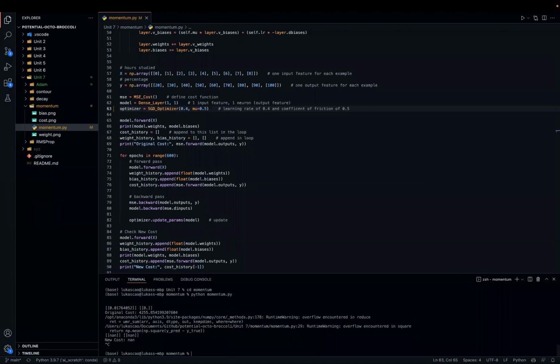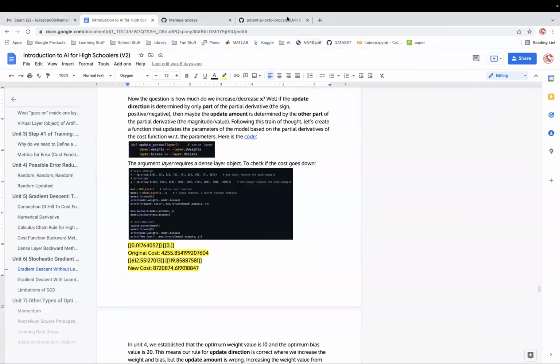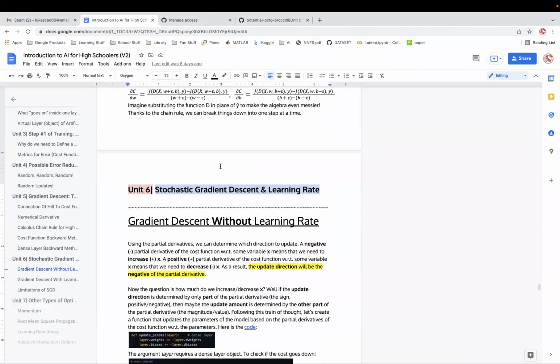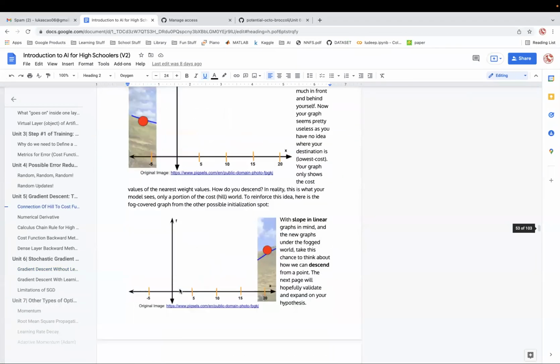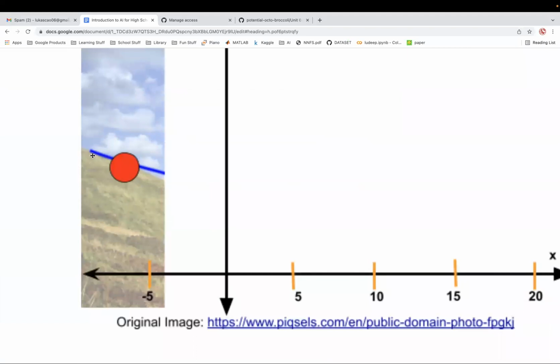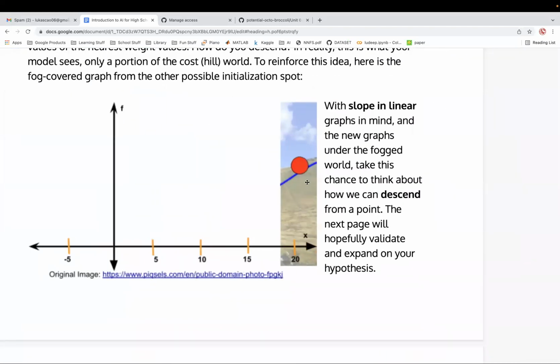So for a learning rate, you know how if we have a negative slope, then we need to increase. So using the slope, we can figure out the direction to update, like increase or decrease the parameter.